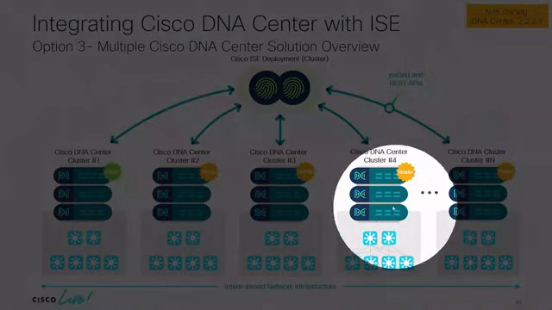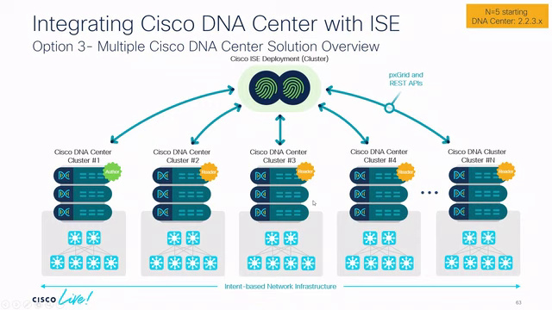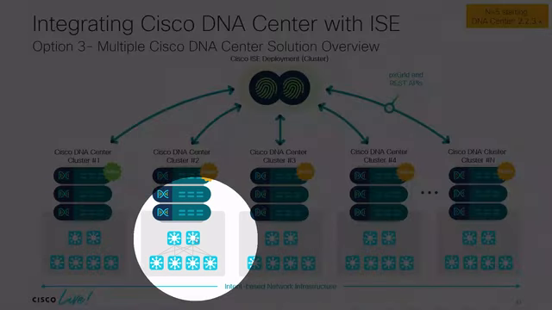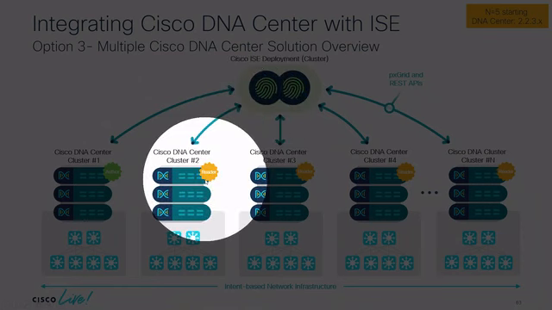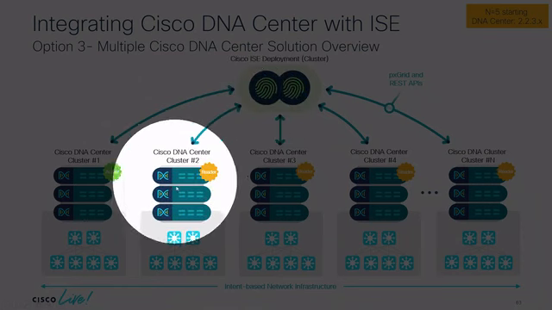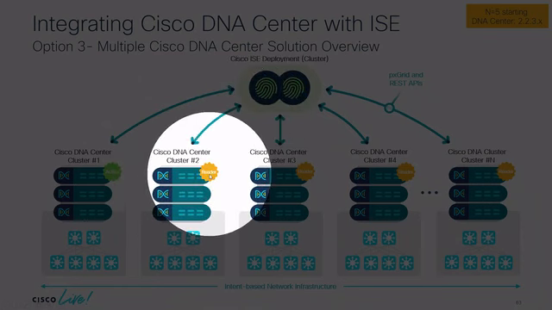All other clusters have to be greenfield clusters, which means a fresh DNAC install with no fabric built, or you can even build a fabric, but you shouldn't have created virtual networks, SGTs, or policies. If that's the cluster you have, then you can integrate it with ISE with that package, and then that second cluster will automatically come up as a reader node.